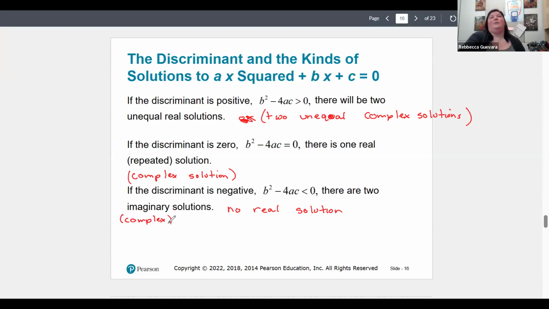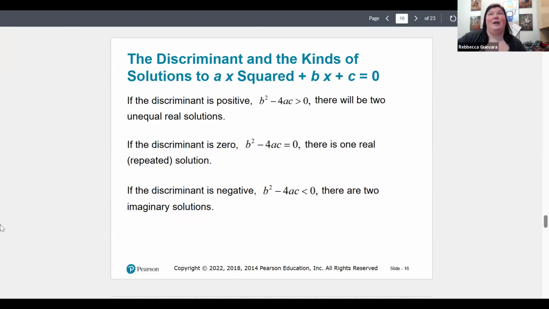Just something to note: if real solutions exist, they are also complex solutions. They're still complex numbers. The only time things really change is when the discriminant is less than 0, or negative. Then we will have two complex or imaginary solutions, but no real solutions. All real solutions are complex solutions, but not all complex solutions are real.